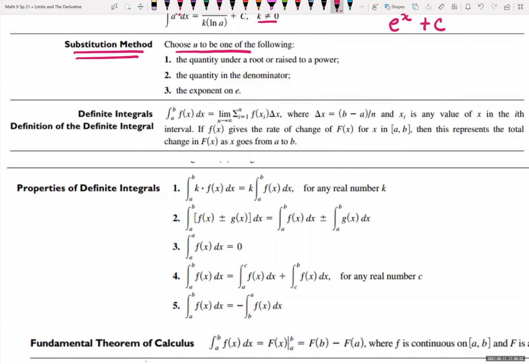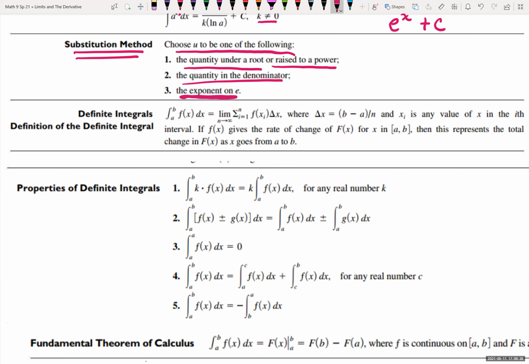So we just chose some u to be one of the following. A lot of times how we chose u was we're looking for something that was underneath the square root or root, something raised to a power, something that was in the denominator if it was more than one term, and the exponent of e. Those were all good choices.